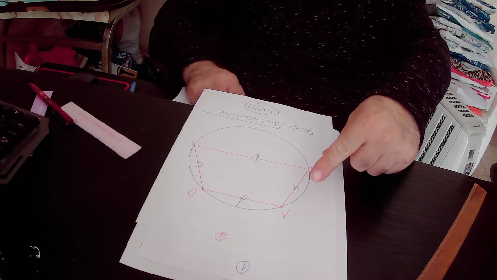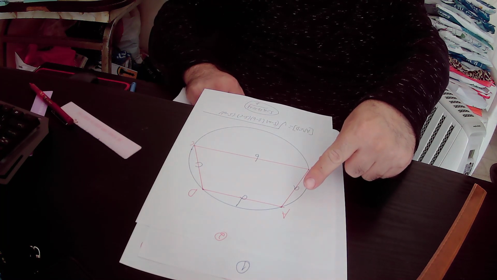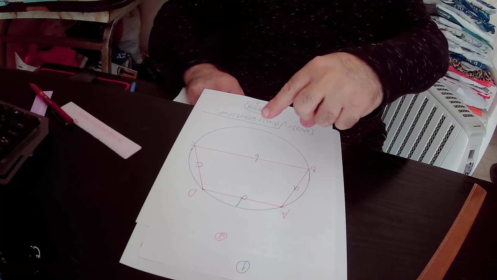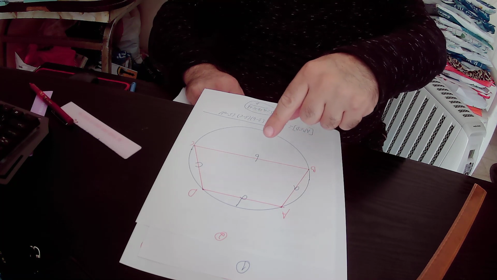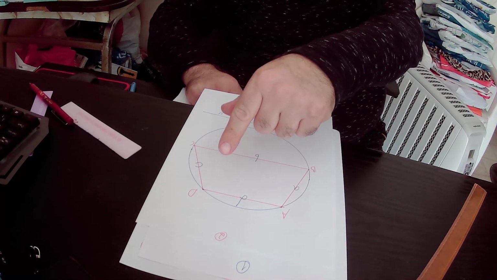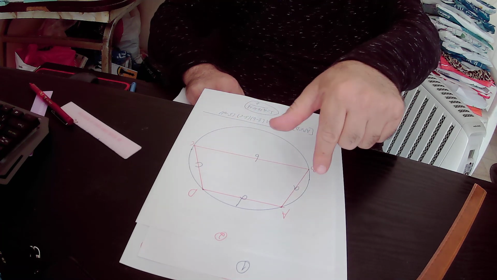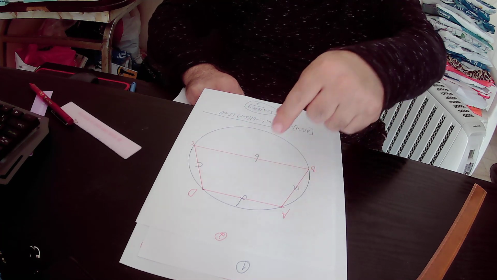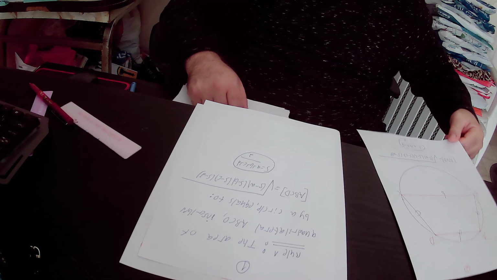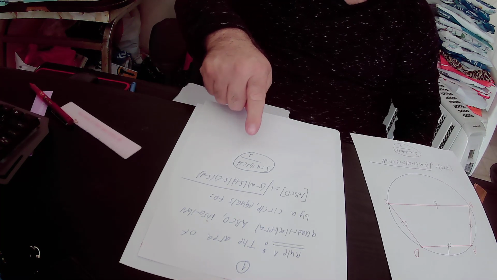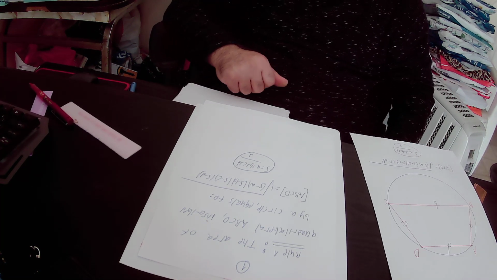That is to say, the size of side AB is A units, the size of side BC is B units, the size of side CD is C units, and the size of AD is D units, and S equals A plus B plus C plus D over 2.